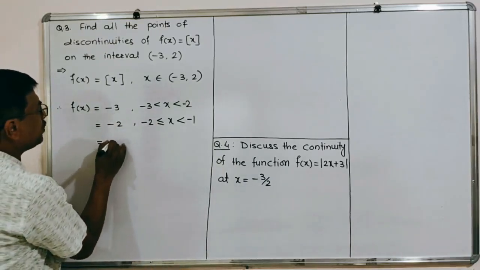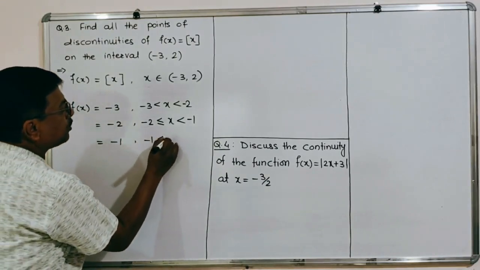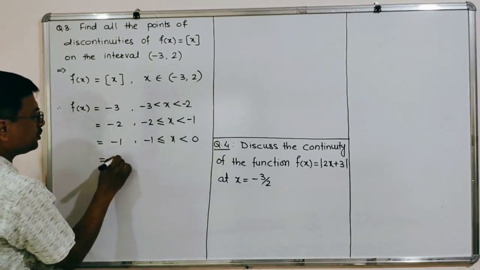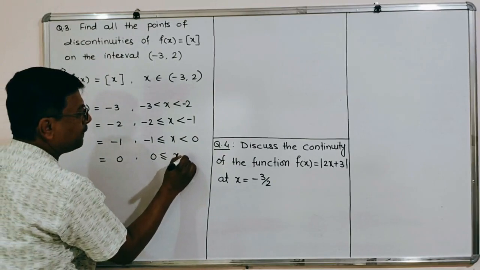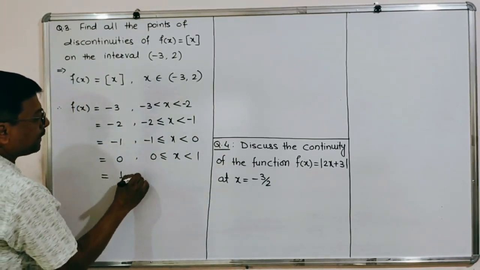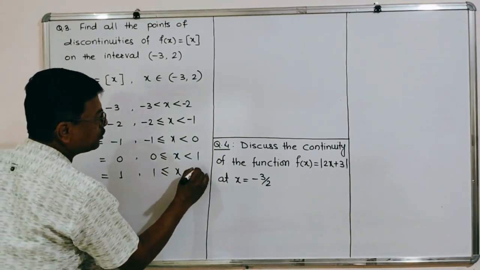It will give us value -1 from -1 is less than or equal to x is less than 0. It will give us value 0 for all the values between 0 to 1, and it will give us value 1 from 1 is less than or equal to x is less than 2.